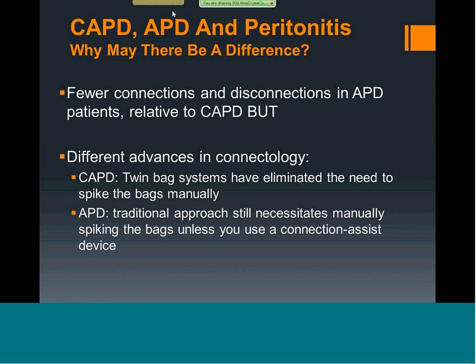To make sure that you have the advantage with a cycler, the patient should use a connection assist device and not manually spike the bags. Patients don't spike the bags manually with the twin bag systems, which don't require spiking. Spiking is particularly problematic in introducing infection in patients.